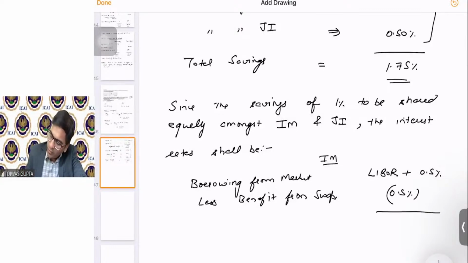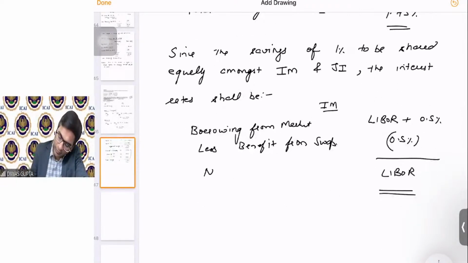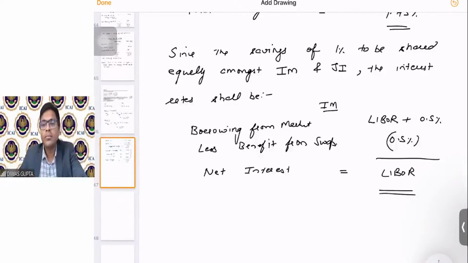So overall, it will happen as LIBOR. Net interest will become equal to the LIBOR for IM. Okay, so ultimately, IM is able to reduce from the original cost of LIBOR plus 0.5 percentage to LIBOR itself.